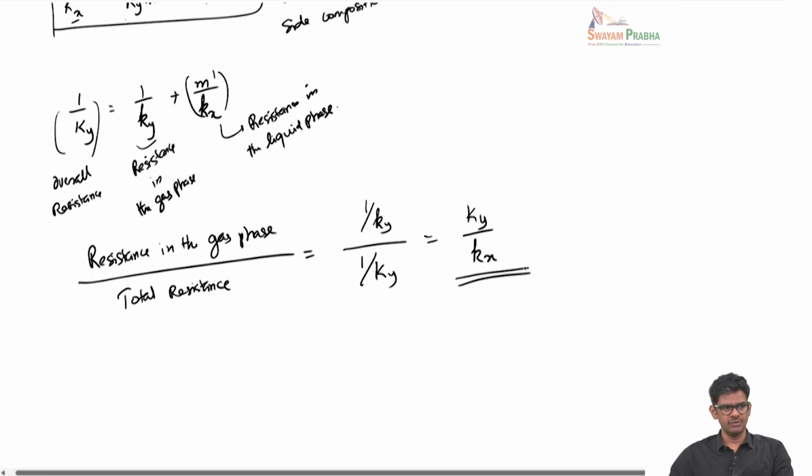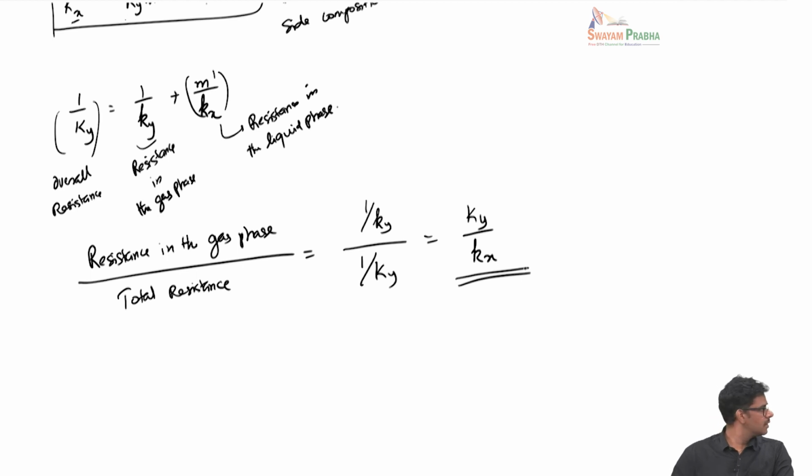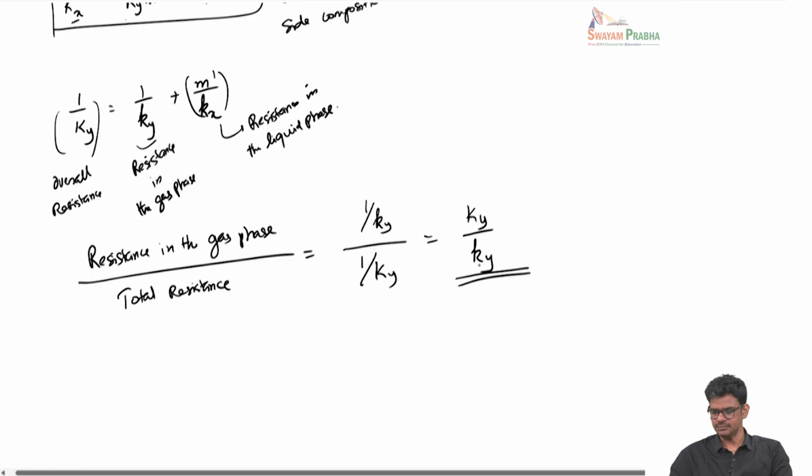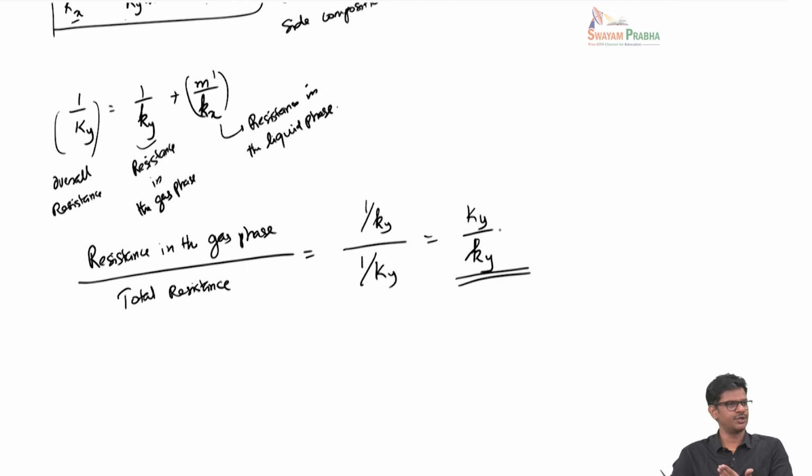So if I know the individual values of small ky and capital Ky, this ratio will tell you what fraction of the resistance lies in the gas phase. (Here the denominator is 1 by Ky, I had written kx, this should be y.)